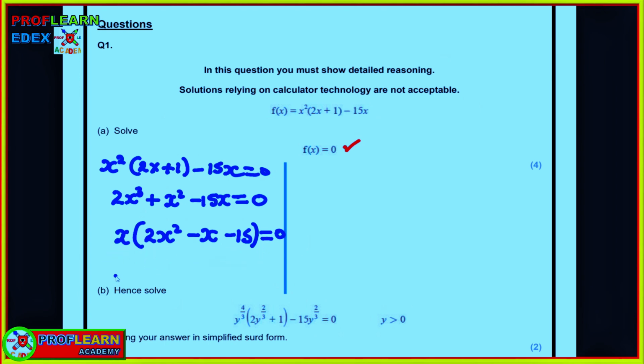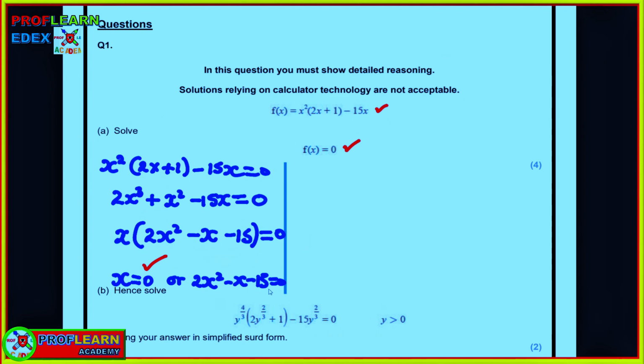So we can say it's either x equals 0 or 2x squared plus x minus 15 equals 0. So one of the solutions to this function f of x is x equals 0.